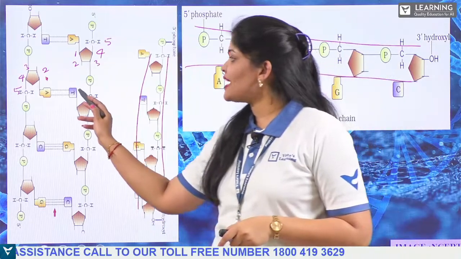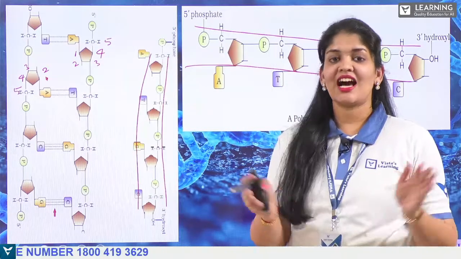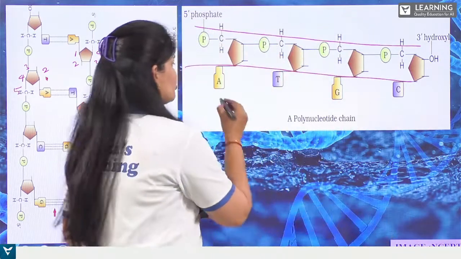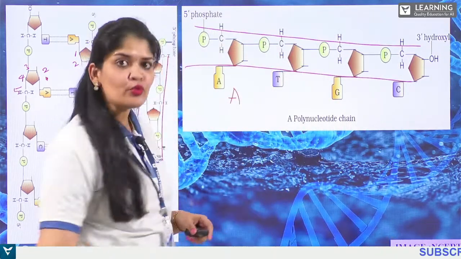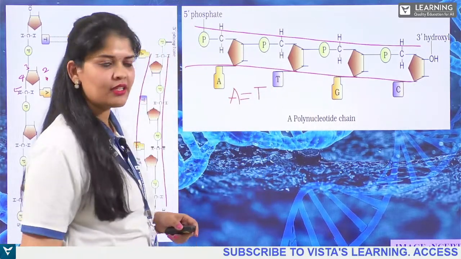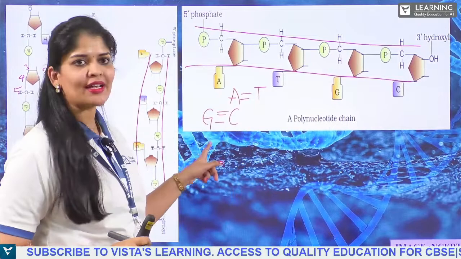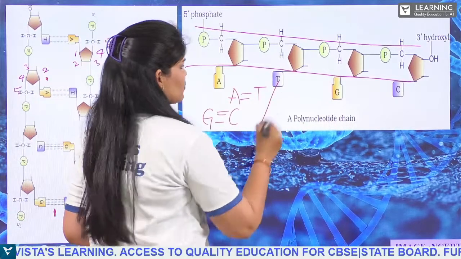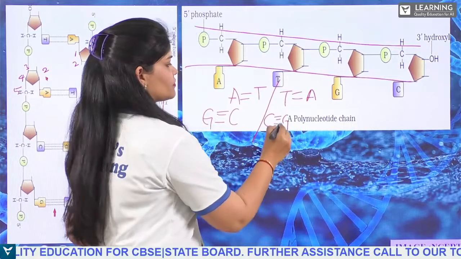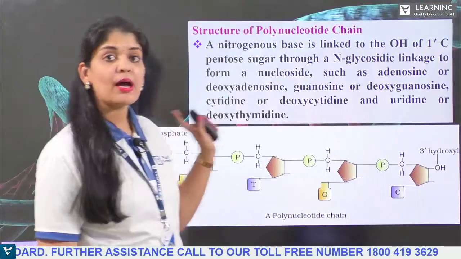The bases which are projecting between these two strands are attached by means of hydrogen bonds. Here we find 2 hydrogen bonds between adenine and thymine, and 3 hydrogen bonds between guanine and cytosine, and vice versa. Cytosine, guanine, right? This is about pairing.